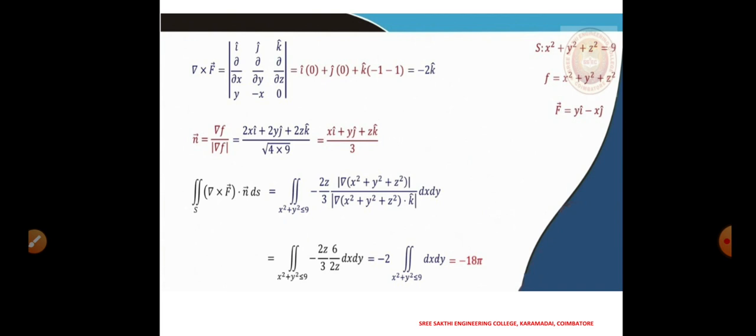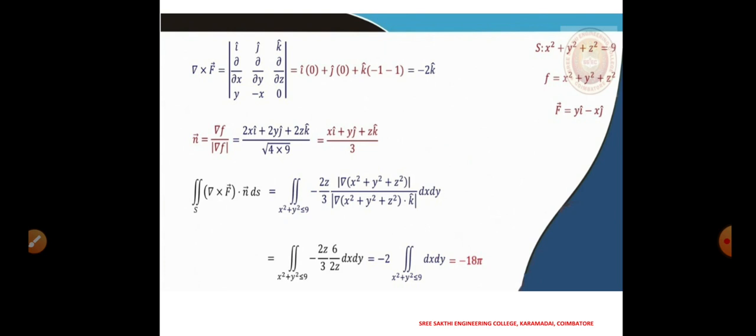This integral is nothing but the area of that disk, so it is pi r squared with r equal to 3. So it is minus 2 into pi into 3 squared, which is equal to minus 18 pi.